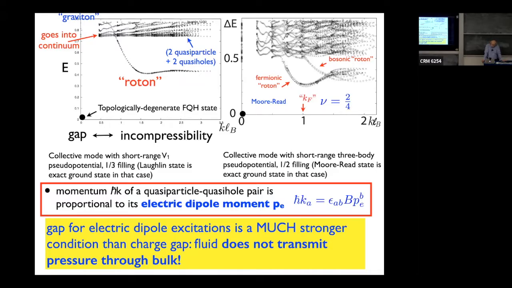Read-Rezayi level 4 is a composite of four particles. Those are all bosonic, essentially. But half of that is also a boson. So it doesn't mean that the half object can't be a boson.